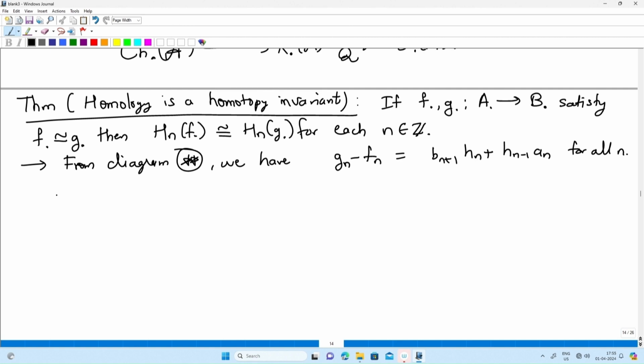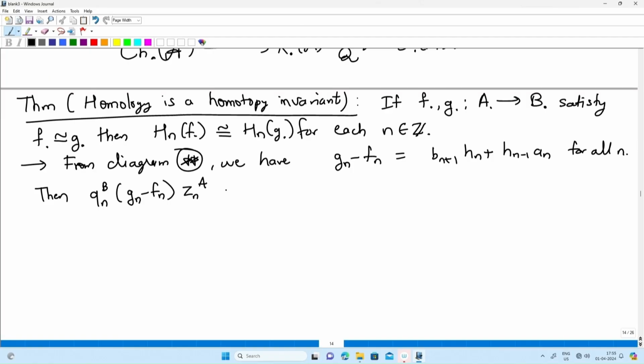Then Qnb composed with Gn minus Fn composed with Zna. Now Zna, you understand what it is? It is the kernel of An, and Qnb is the co-kernel of Bn.